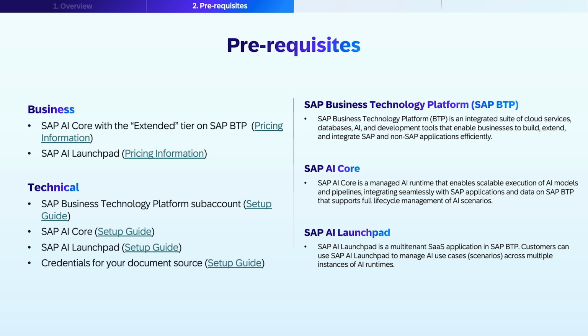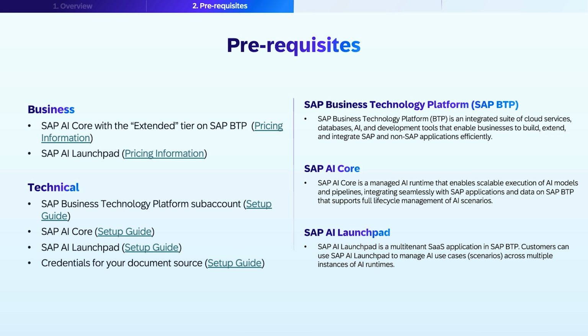It supports full lifecycle management of AI scenarios. SAP AI Launchpad is a multi-tenant SaaS application which helps customers to manage their AI use cases and associated lifecycle across multiple different AI runtimes. Once your environment is ready, you can proceed to create repositories and pipelines directly from the Launchpad UI or programmatically using APIs or SDKs.